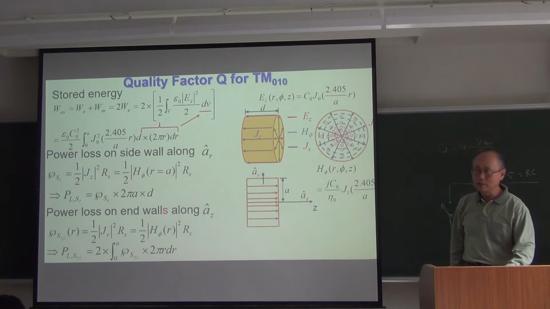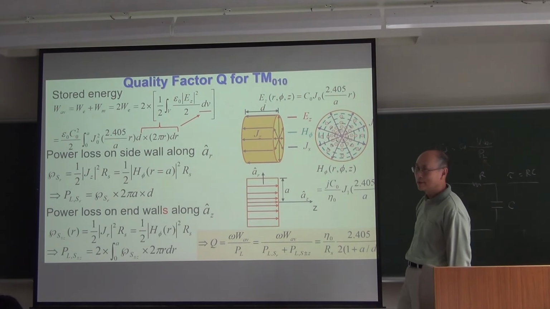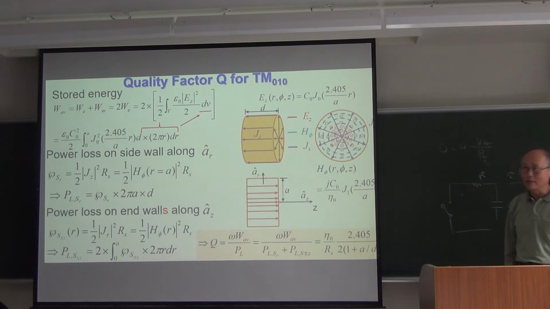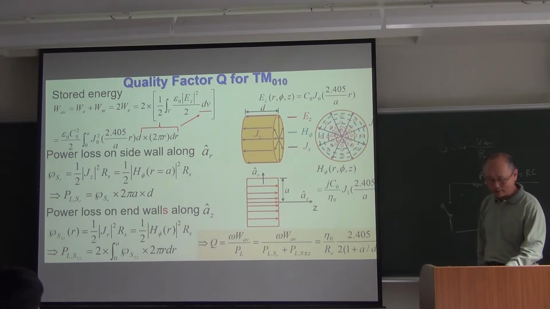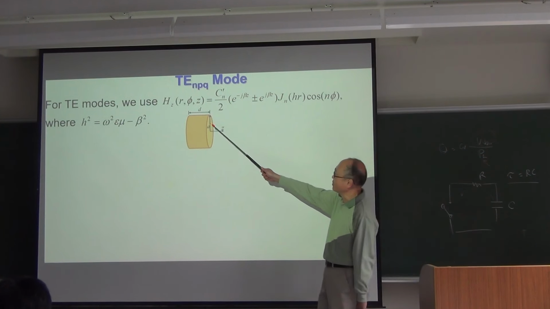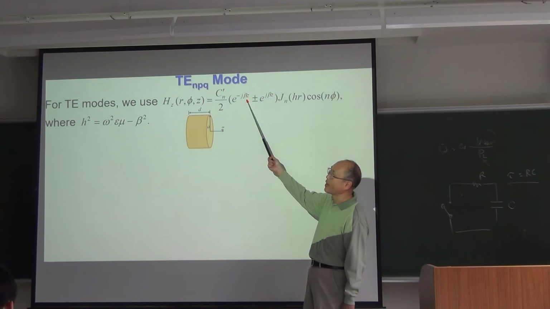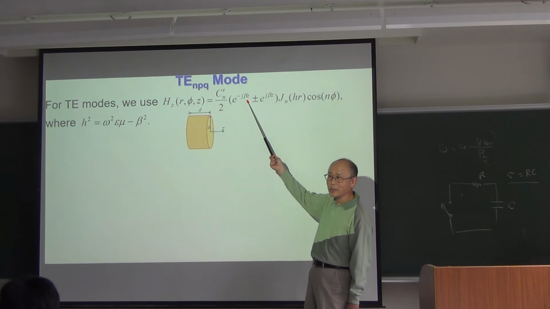有没有问题？到目前为止，我们讨论这个 TM mode, and then we can continue our discussion for TE mode. For TE mode, you'll be talking about the magnetic field component along the z direction, right? So let's write down the expression for the z component magnetic field, and then try to determine the value for beta from the boundary condition.